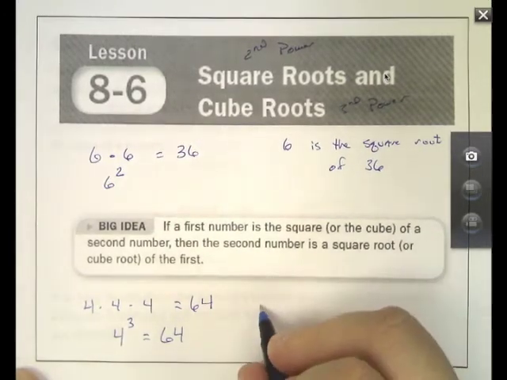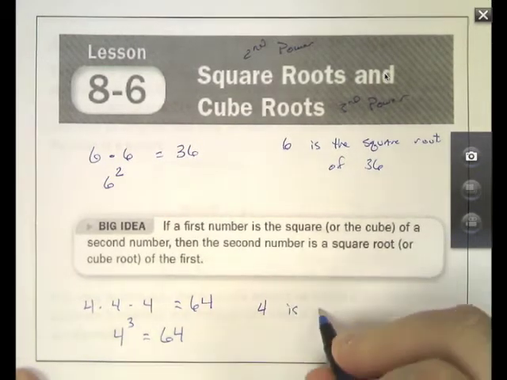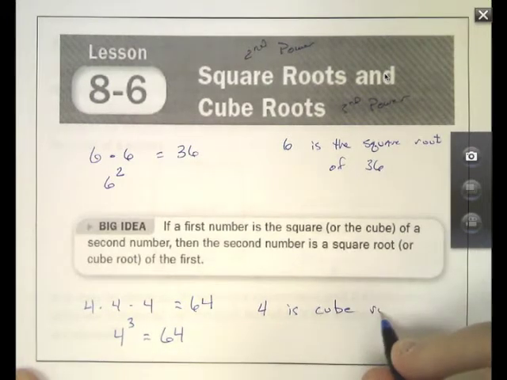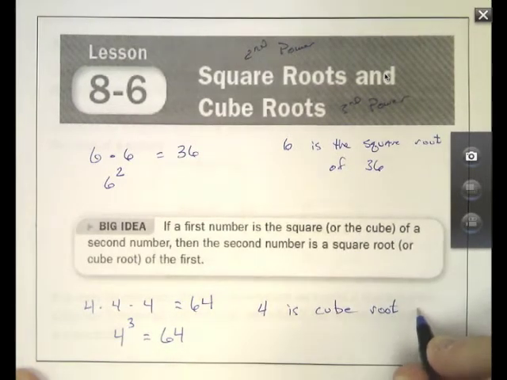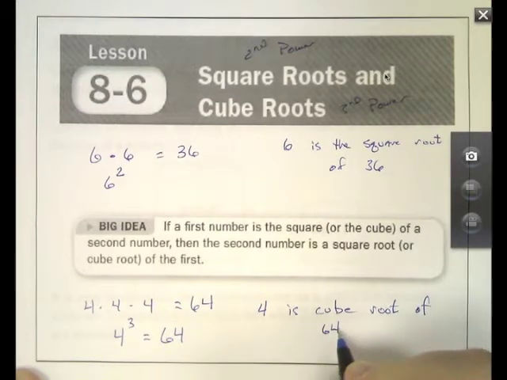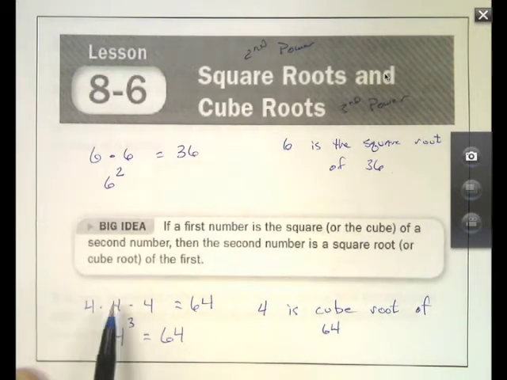So what we say in this case is 4 is the cube root of 64, because you need 4 times 4 times 4, 3 times, to give you 64.